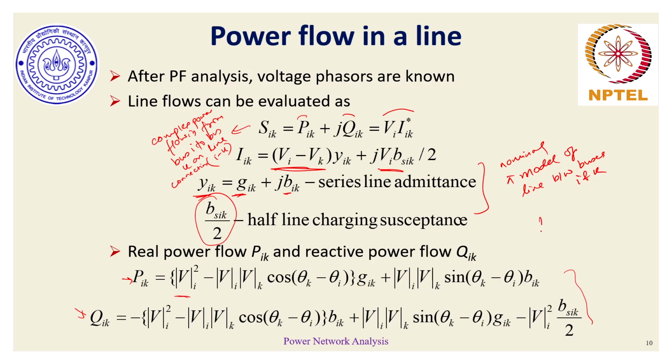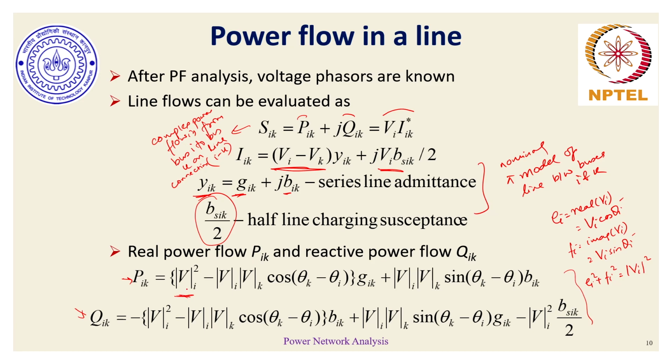So Vi mod square, or alternatively, if you recollect, Ei, which was the real part of Vi phasor, was equal to Vi cos theta as per the initial few slides that we saw, and Fi was the imaginary part of Vi, which is Vi sin theta I. If I square up Ei square and Fi square, they essentially should be equal to Vi mod square, because cos square theta plus sin square theta is equal to 1.